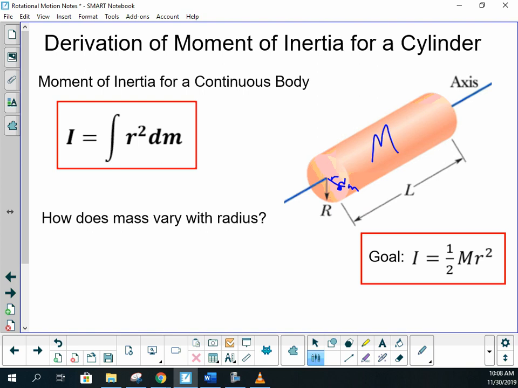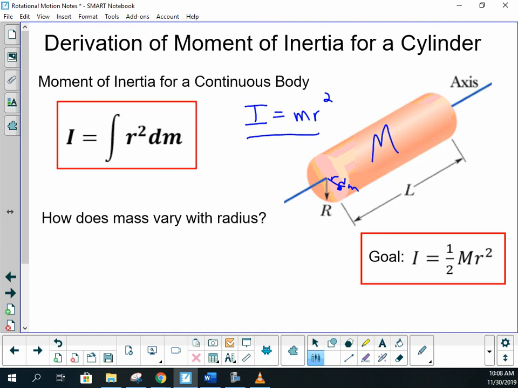All right, so if we look at a moment of inertia in a more simplified version, a moment of inertia is just our mass times our radius squared. This is for a single object, so this is what would be true for this little mass bit that we have drawn on our diagram.